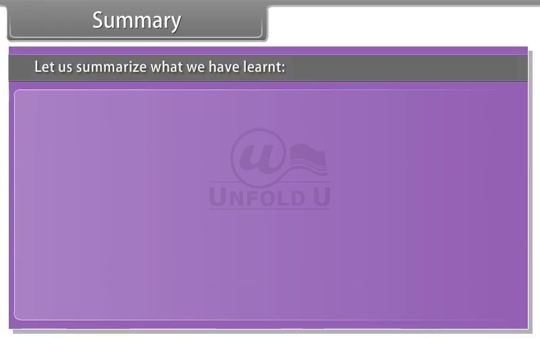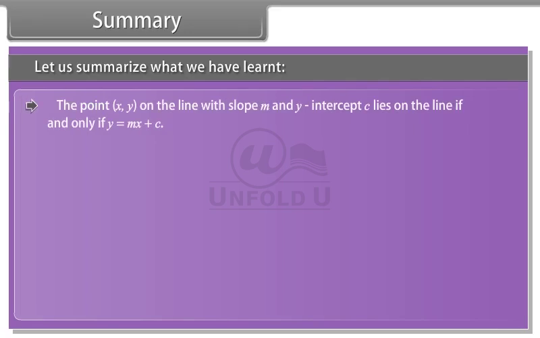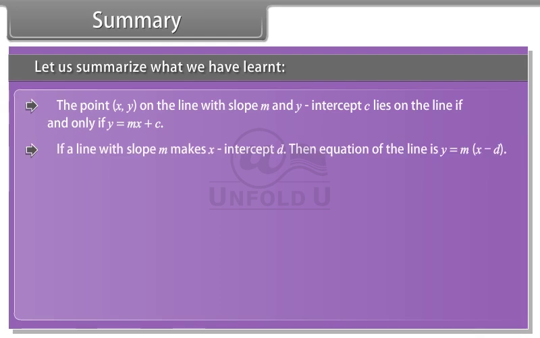Summary. Let us summarize what we have learned. The point (x, y) on the line with slope m and y-intercept c lies on the line if and only if y is equal to mx plus c. If a line with slope m makes x-intercept d, then equation of the line is y is equal to m into x minus d.